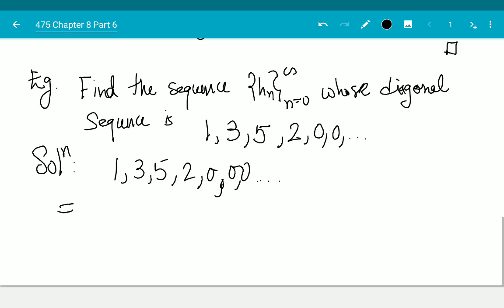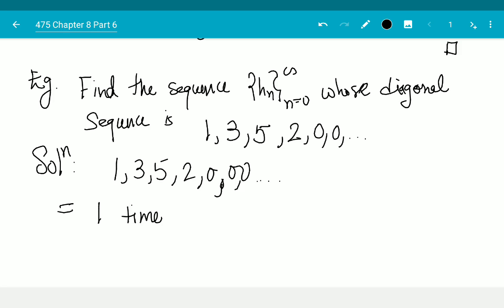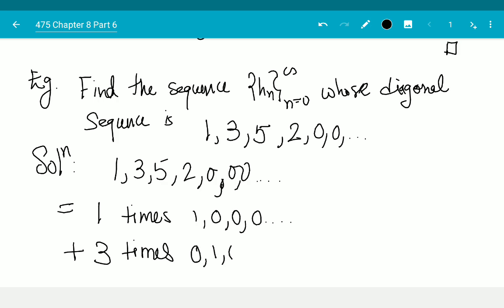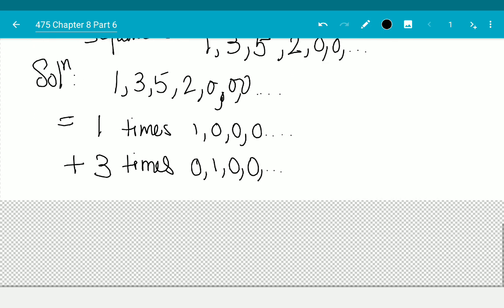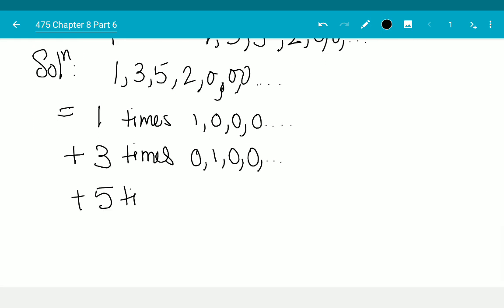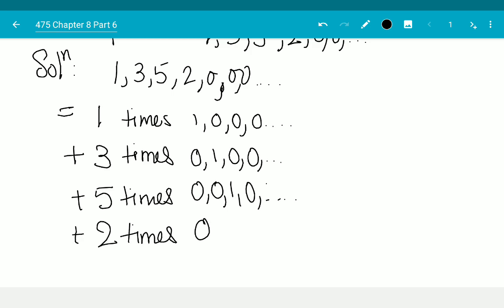It is equal to 1 times 1, 0, 0, 0, dot, dot, dot, plus 3 times 0, 1, 0, 0, dot, dot, dot, plus 5 times 0, 0, 1, 0, dot, dot, dot, plus 2 times 0, 0, 0, 1, 0, dot, dot, dot.